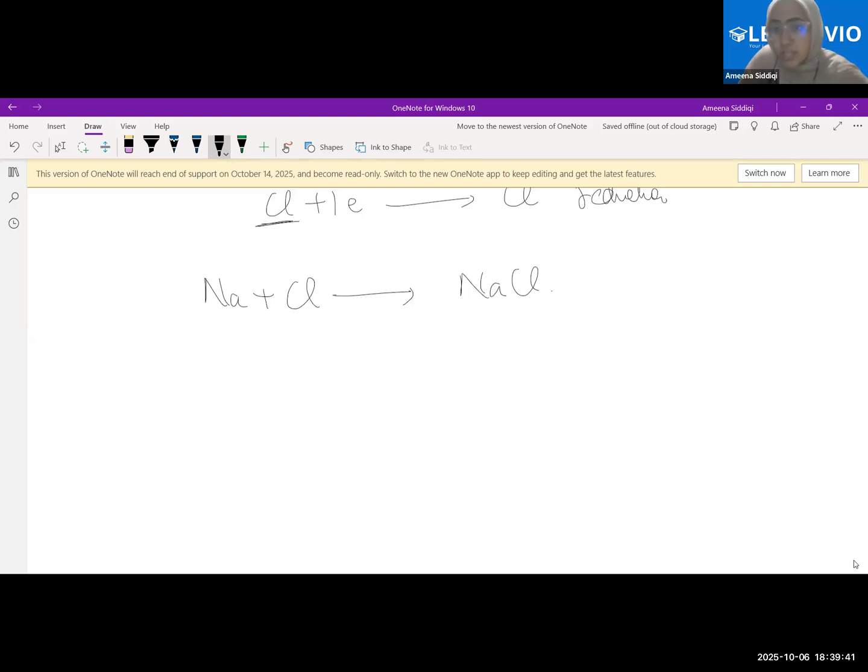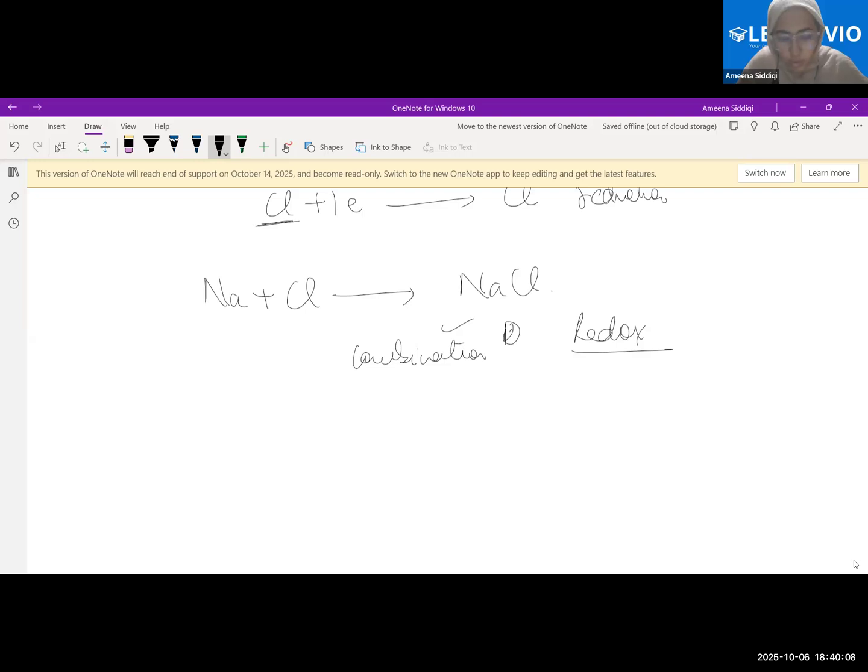But is this also any other type of reaction? Yes, this is also the redox reaction. So two types of reactions can be seen in one reaction: we can have the combination plus the redox, we can also have the displacement plus the redox. I hope the point is clear.